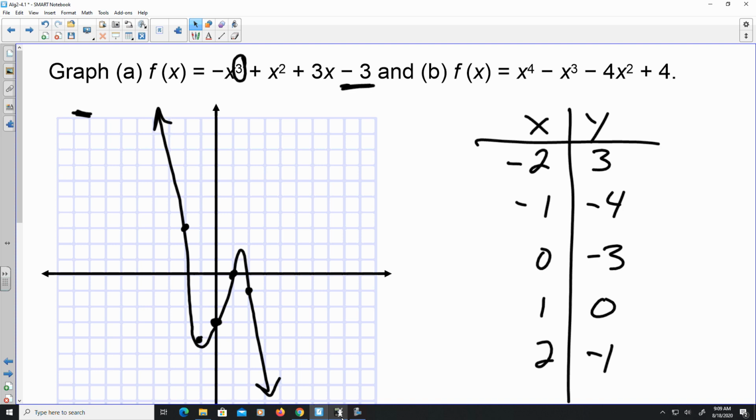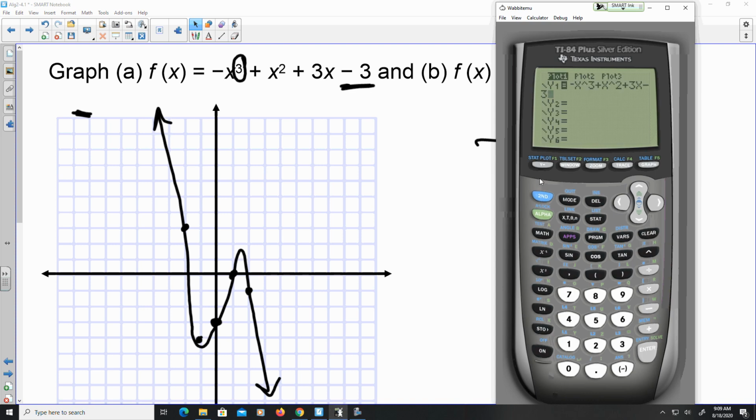So I typed in the equation here, so let's see what we come up with. Let's turn this off, and then we go to zoom square.